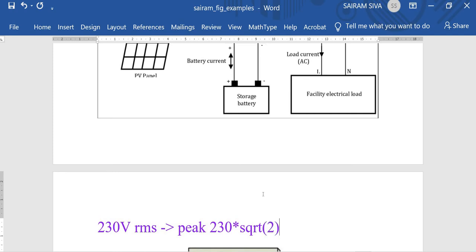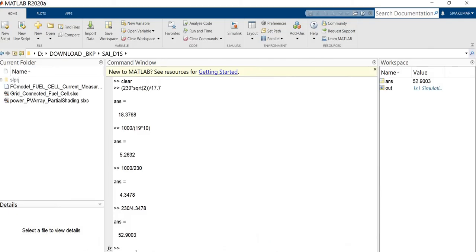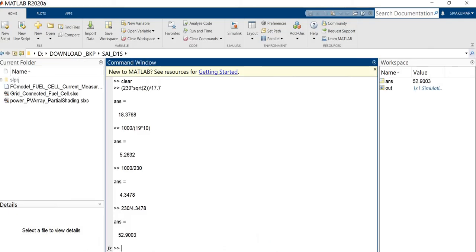I want to get this value from here, this is the command window.